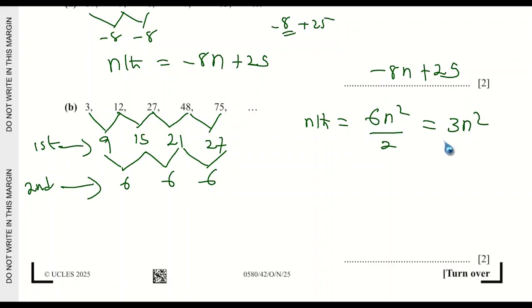So the next thing we need to do, we use this to generate another sequence. So when n is 1, we have the first term to be 3. And when n is 2, you have 2 times 2, 4, 4 times 3, 12.